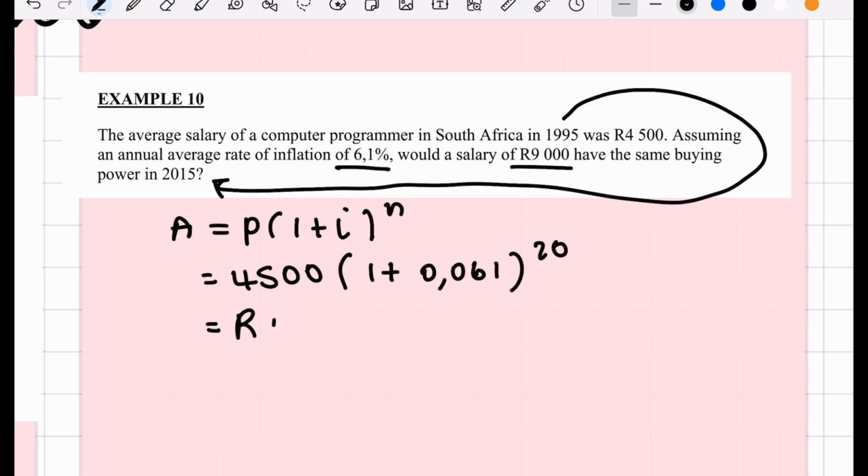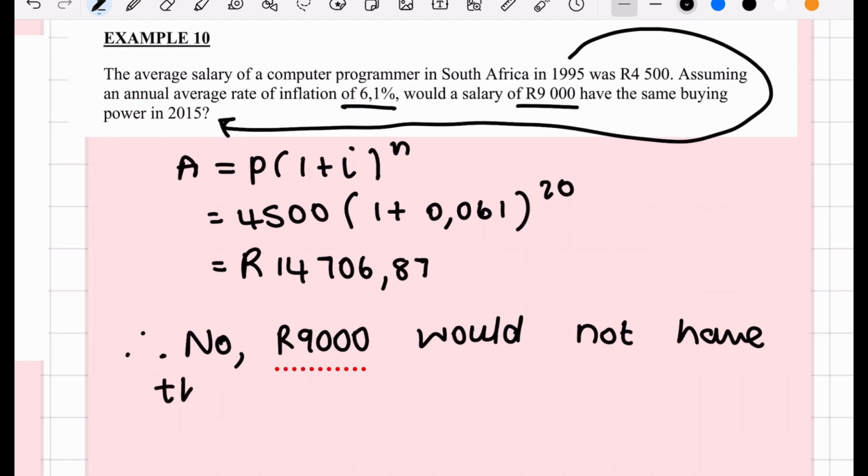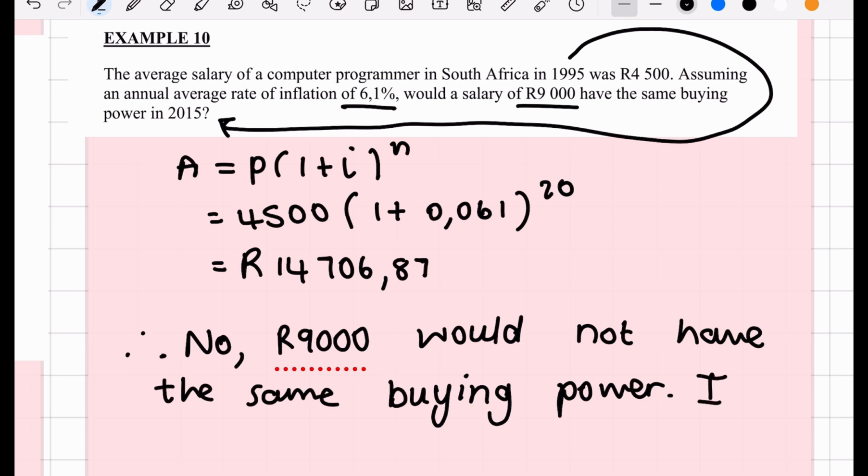Then you would expect 14,706 Rand 87, not 9,000. So as you can see, therefore, no, 9,000 Rand would not have the same buying power. It will have less.